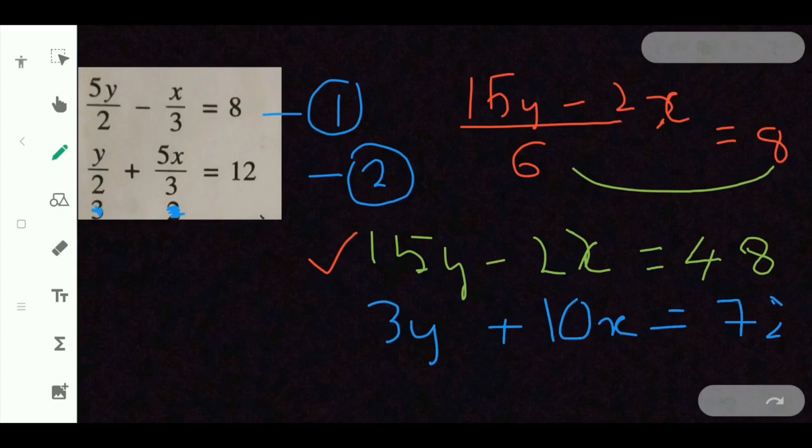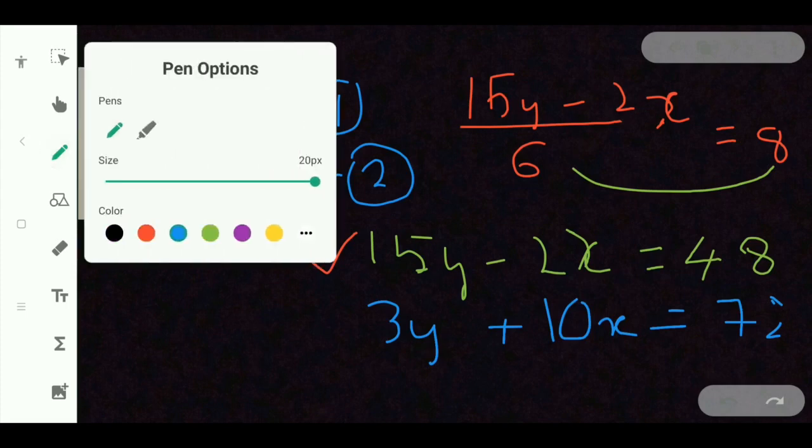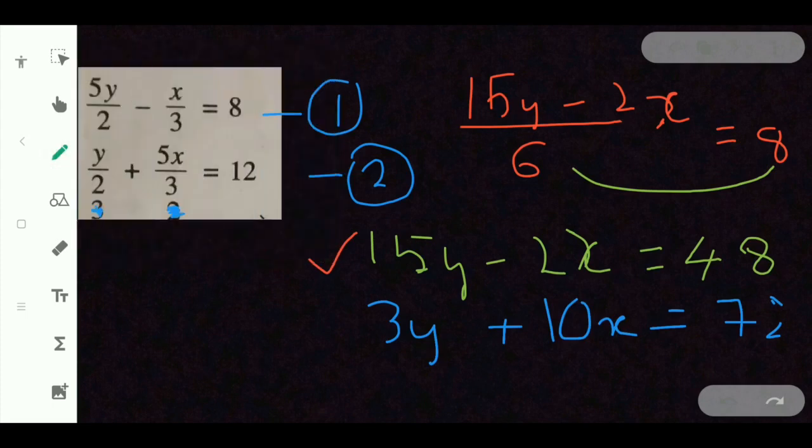So I am multiplying this equation with 10, and the second equation, I am multiplying it with 2.